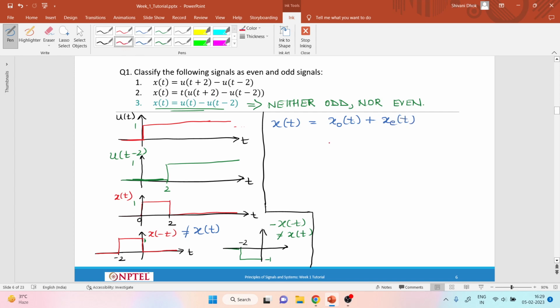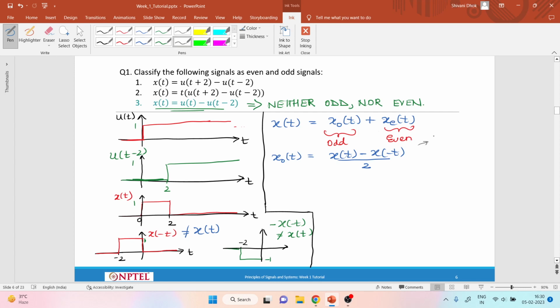So this is odd component and this is even component, and this x odd of t, that is xo of t, is given as x of t minus x of minus t by 2. So how am I claiming this is an odd component?